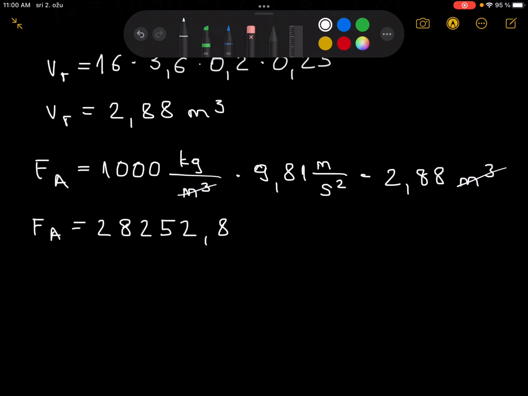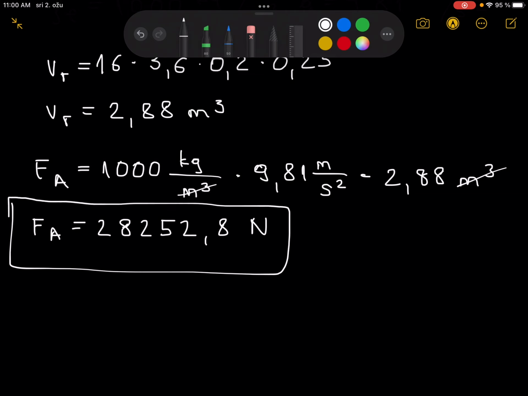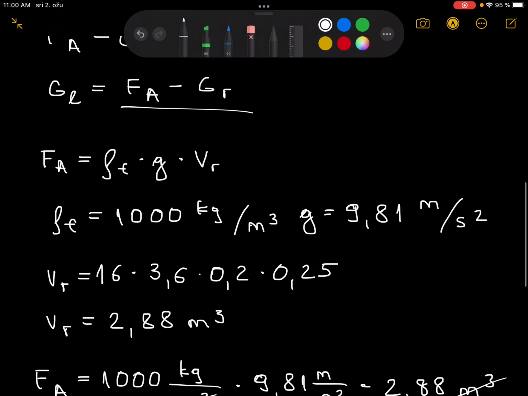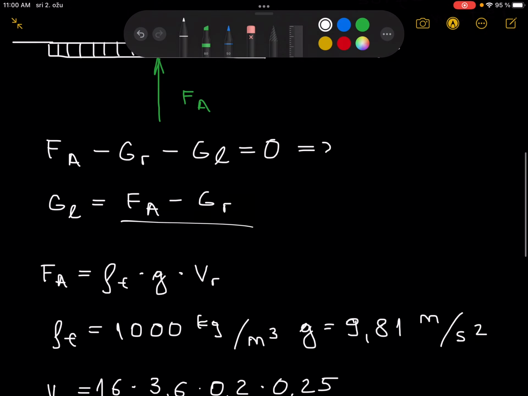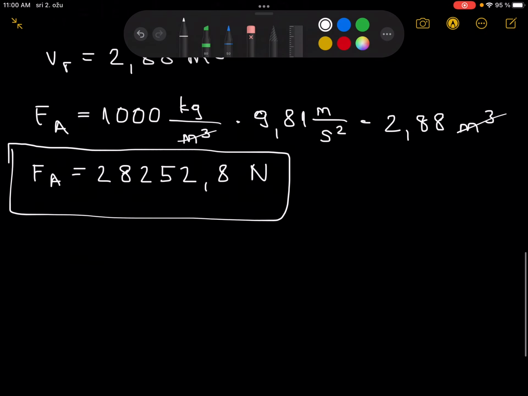And what's the unit going to be? Well, we see here that we've got kilogram times meter per square second, and that's equivalent to Newton. So the Archimedes force is going to be equal to 28,252.8 newtons.